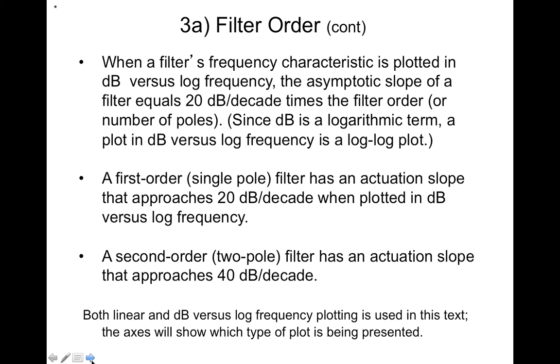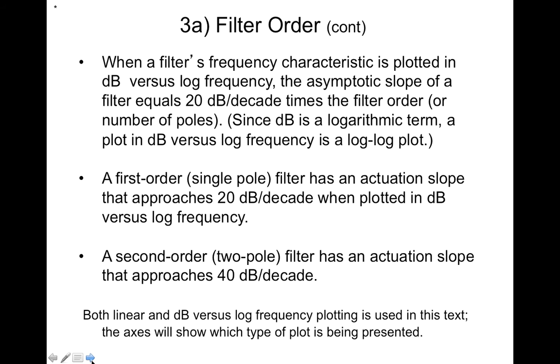When a filter's frequency characteristics are plotted in dB versus the log of frequency, the slope of that attenuation is 20 dB per decade times the filter order. So a first order filter would give you a 20 dB per decade attenuation. That means if you design your cutoff frequency to be at 100 Hertz, you will be 20 dB down, one order of magnitude lower, at 1000 Hertz.